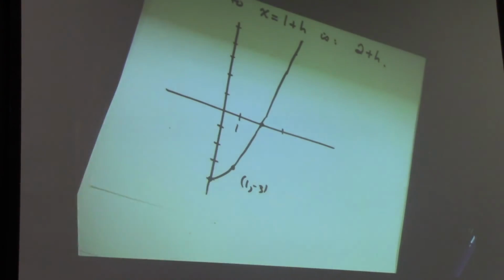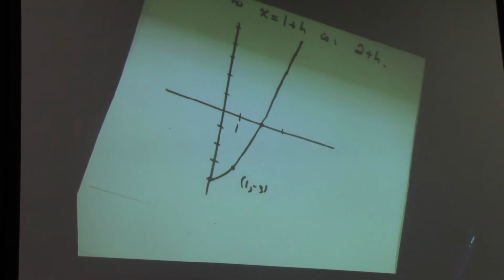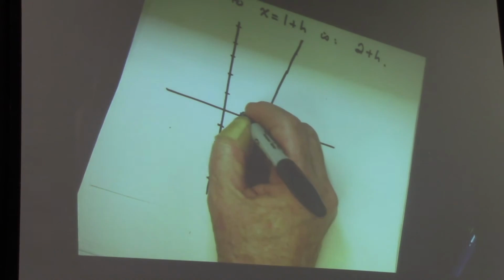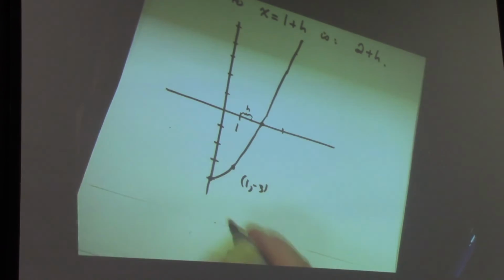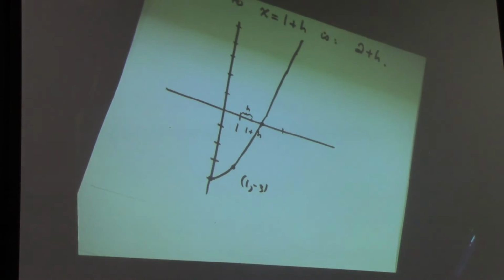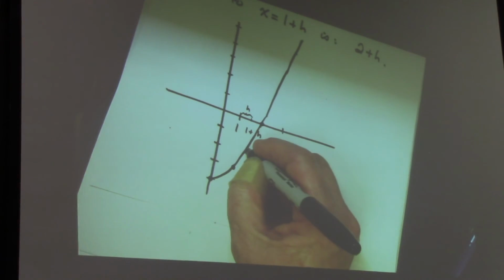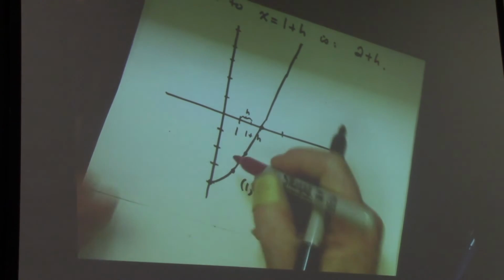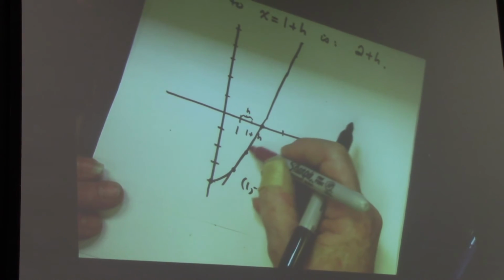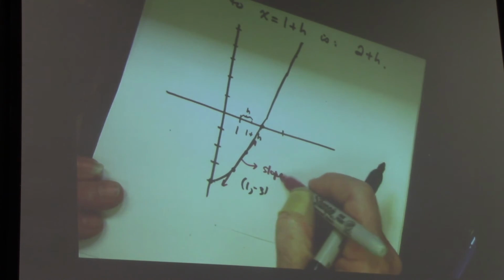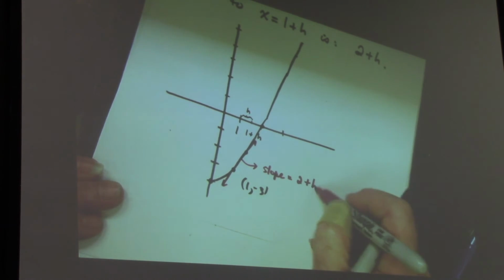So here's 1, and h is whatever it is, maybe that little distance is h, so from 1 to 1 plus h. Then the slope of that line is 2 plus h.